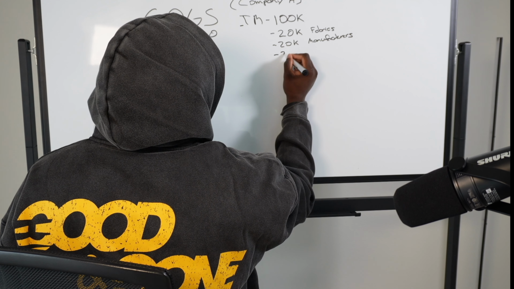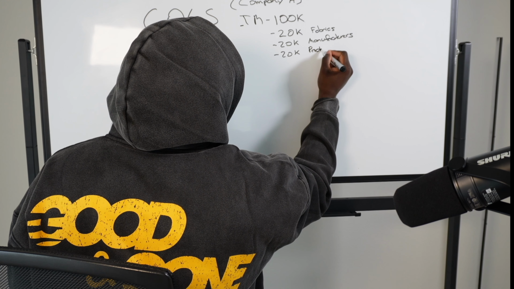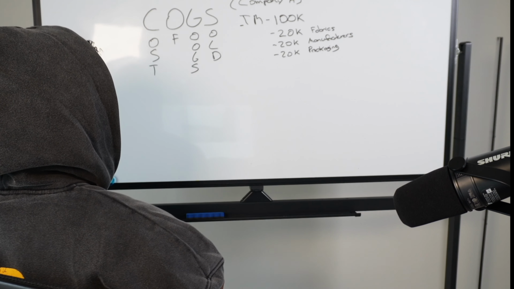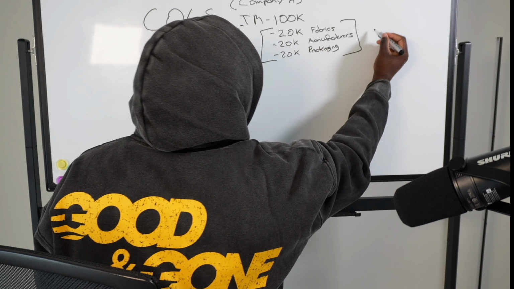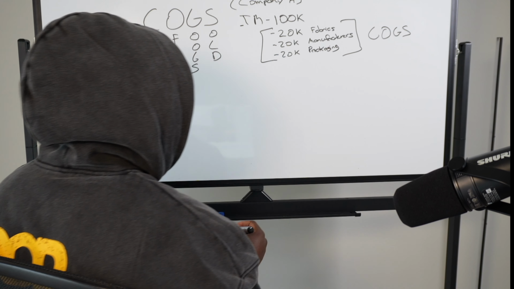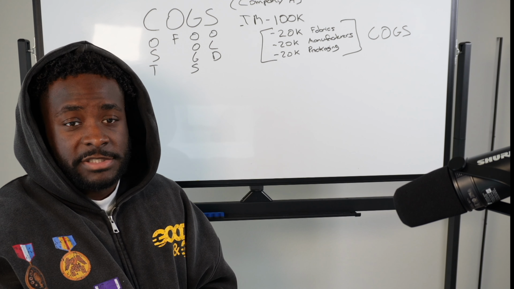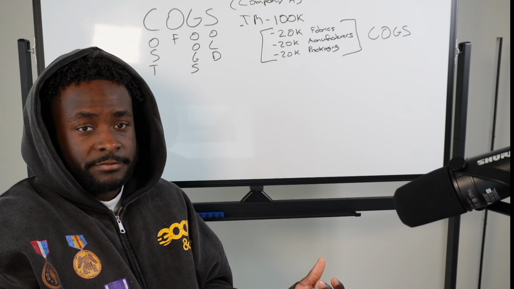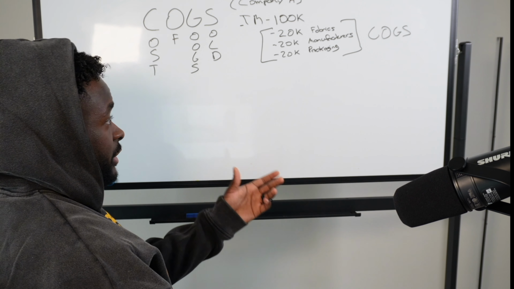And we spent another 20K on packaging for our clothes. All of these things would fall under COGS, cost of goods sold. Cost of goods sold are any direct costs associated with producing your product. Any direct cost associated with your production would fall under COGS.